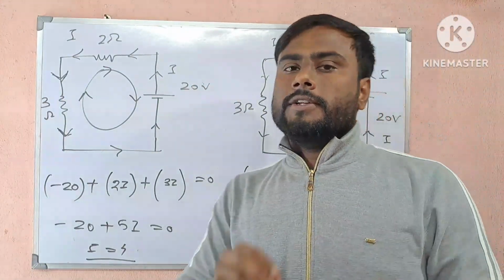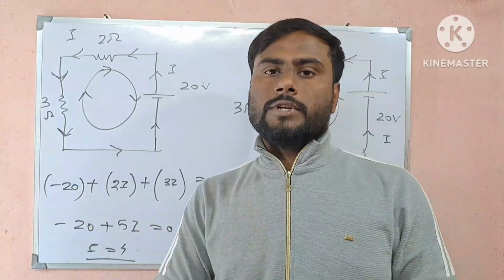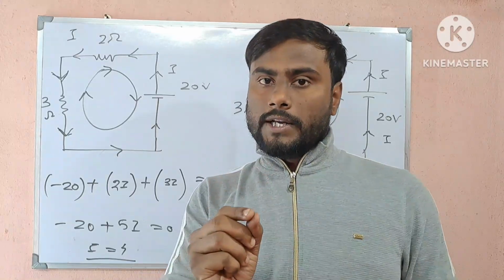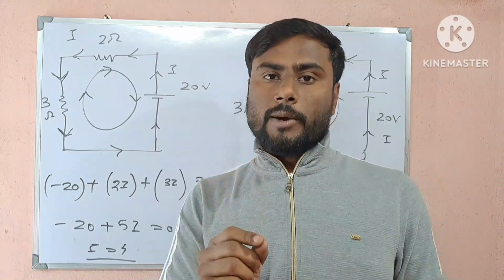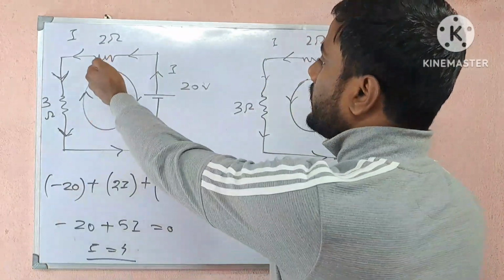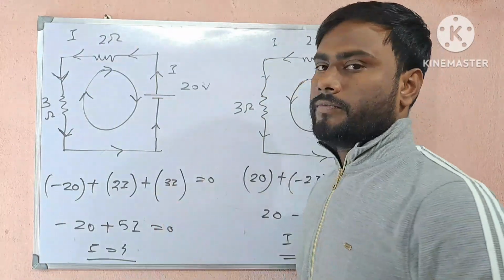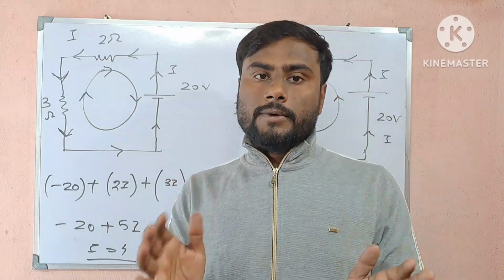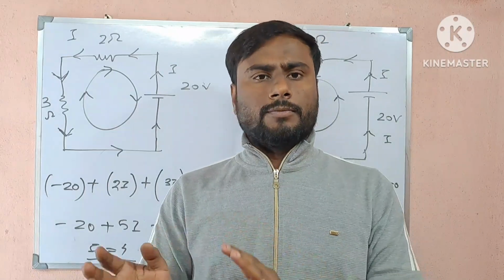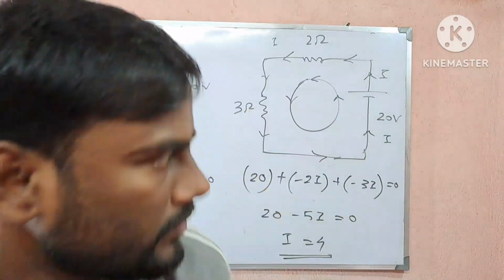You will write the value of current through this resistor will be 4 ampere. You don't need to take the negative sign. The value of current through this resistor will be 4 ampere and its actual direction will be opposite to our assumed direction. That you have to write if after calculation the value of current is negative, and if it is positive, no problem. Okay.